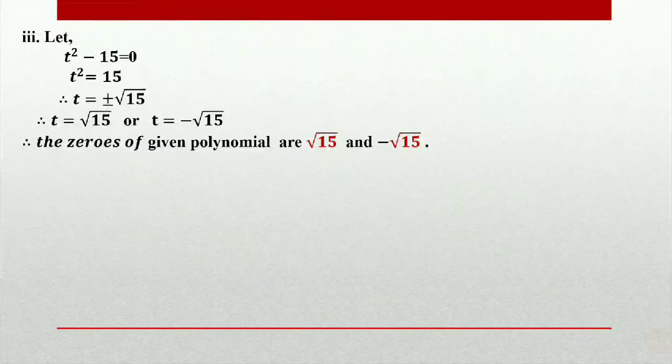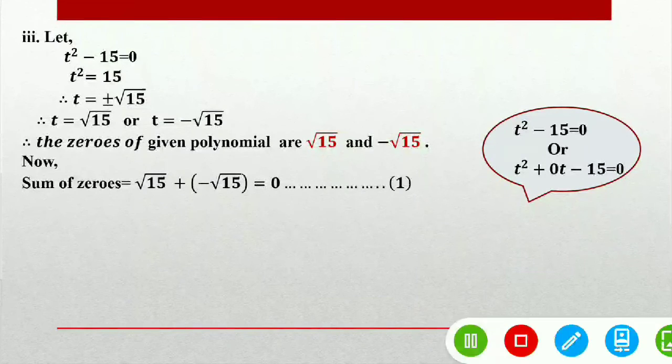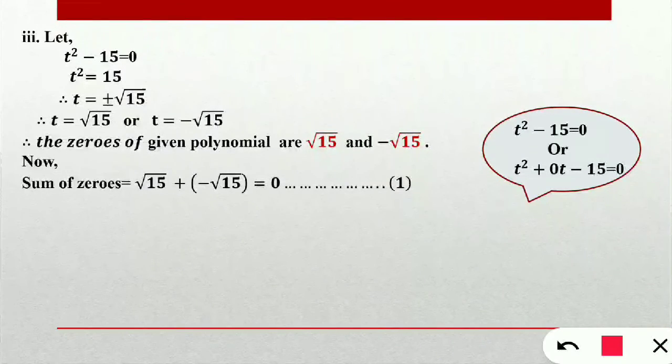Okay. Now we will verify the relationship between zeros and its coefficients. First, sum of zeros is equal to root 15 plus (minus root 15), which is equal to 0. Give it as equation number 1. Now student, your original polynomial is t square minus 15, correct. Here in the original polynomial the middle term is missing.